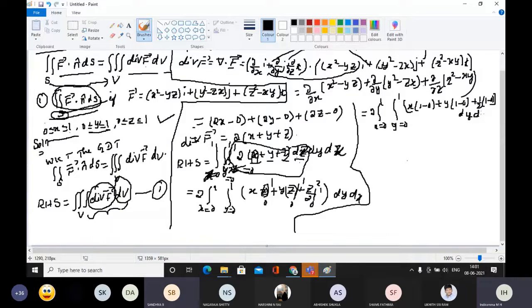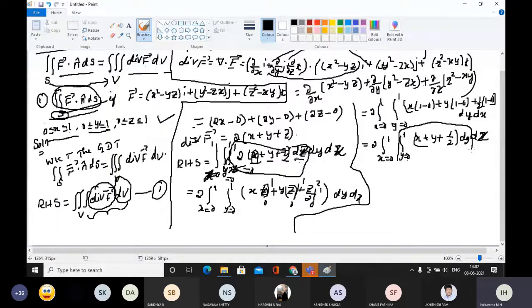So 2 times integral x from 0 to 1, y from 0 to 1, x plus y plus 1 by 2 dy dx. Is it right? Now you evaluate this integral.